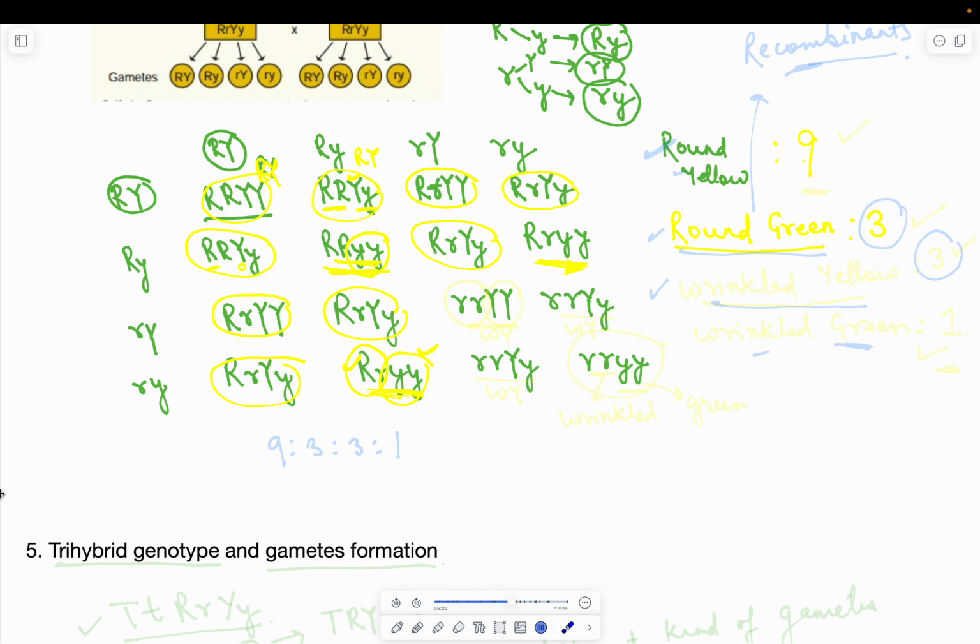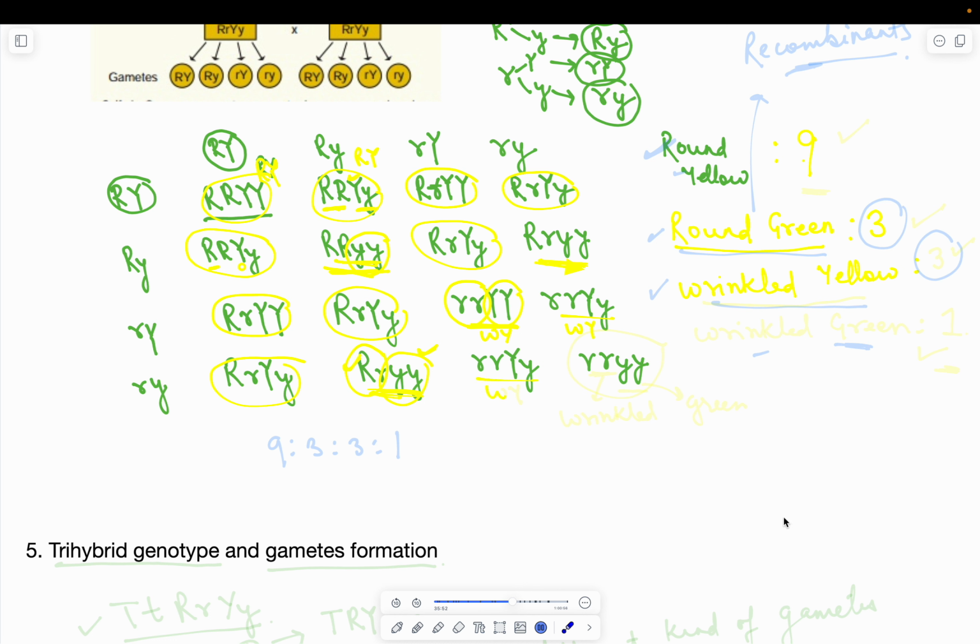So we'll look at this now. What will be the case with this? There is no dominant allele for roundness, so this seed will be wrinkled, but there are dominant alleles for the yellow color. So they are wrinkled yellow. Fine. So one is wrinkled yellow. This is again wrinkled yellow.